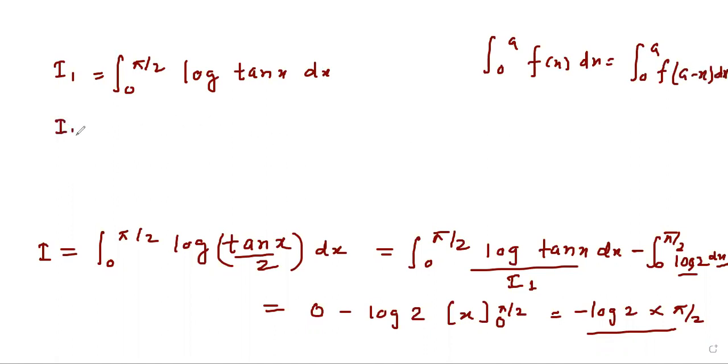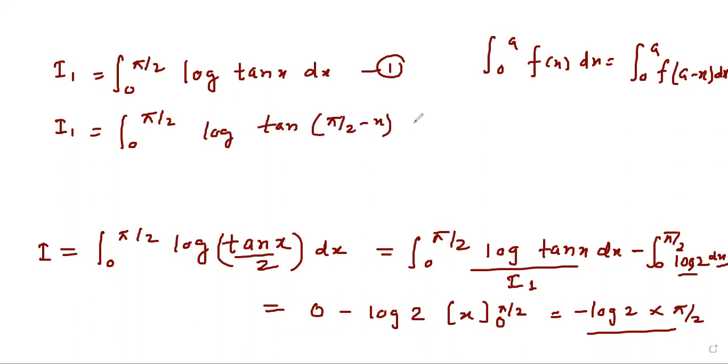So I1 equal to, suppose this is equation number 1, integral 0 to pi by 2 of log of tan (pi by 2 minus x) dx. This will give integral 0 to pi by 2 log tan (pi by 2 minus theta), which gives cot theta, so cot x dx. Suppose this is equation number 2.